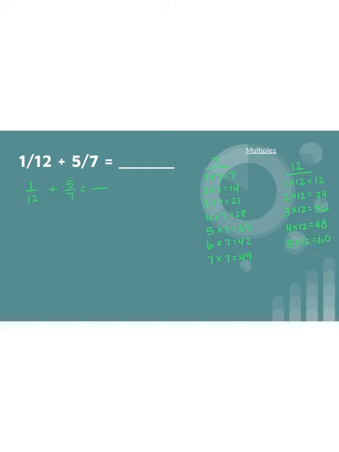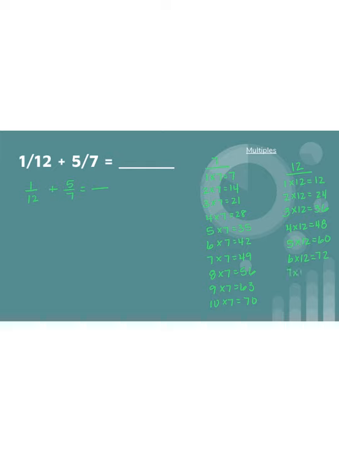Okay, well now I'm only at 49 with my 7, so now I got to keep going with my 7s. So I'm going to say 8 times 7 equals 56. 9 times 7 equals 63. And 10 times 7 equals 70. So let's see what we can get there. So now we need, where are we at? 5 times 12. So now we need 6 times 12. 72.